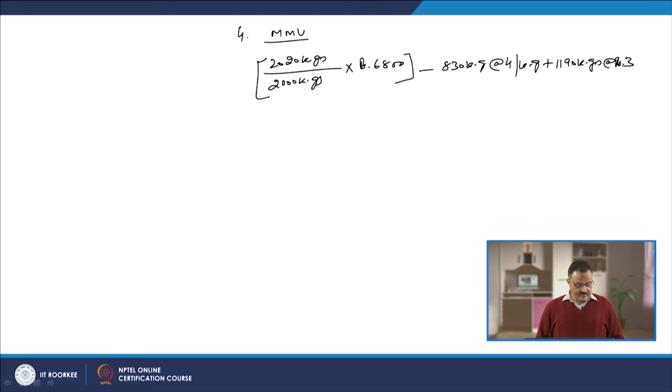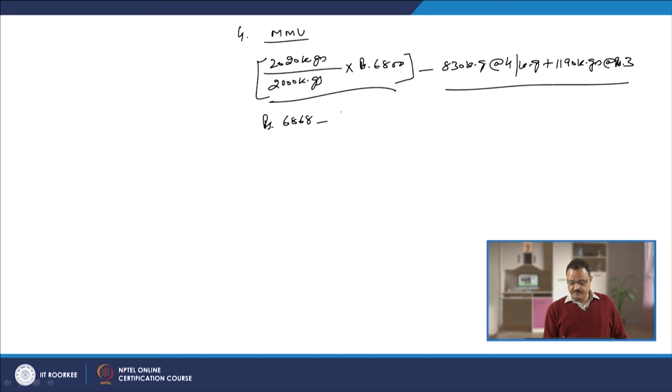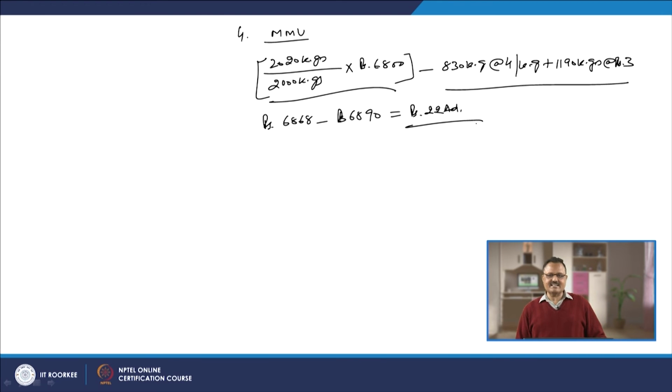If you solve these parts, you get two figures: rupees 6868 minus rupees 6890. This amount is 6868 minus 6890, which is rupees 22 adverse. So the material mix variance has also come up as a negative variance, that is 22 adverse.